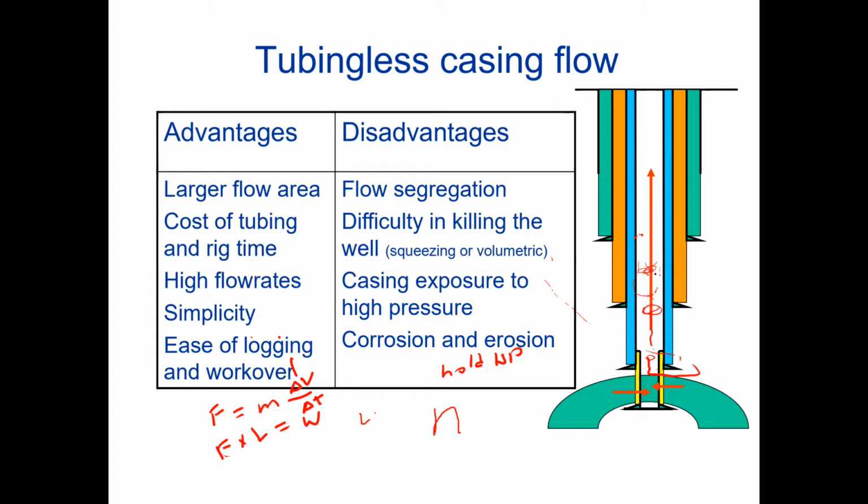The other issue is that the casing is exposed to high pressure. Casing is a large diameter pipe, and normally the casing has a lower pressure rating, around 3,000 or 5,000 PSI, something like that. So exposure to high pressure can result in the casing bursting.